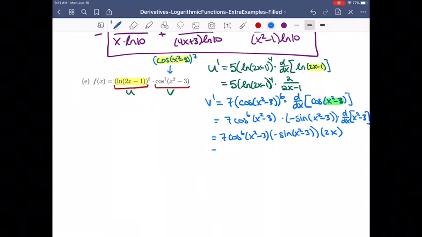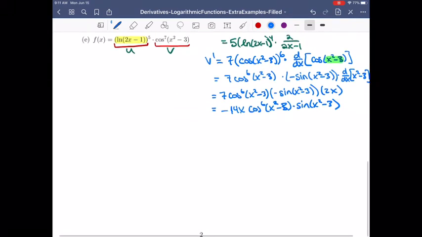So if I simplify this, if I bring the negative and the 2x up front, I have negative 14x cos to the 6 of x squared minus 3 times sine to the power 1, x squared minus 3. Okay, so those are my two derivatives.